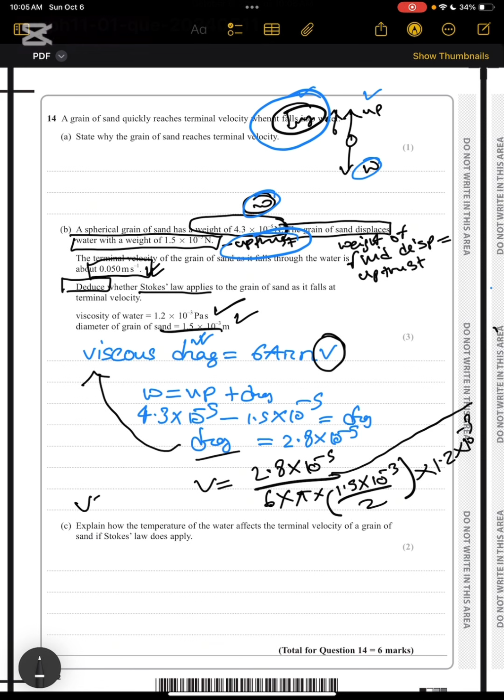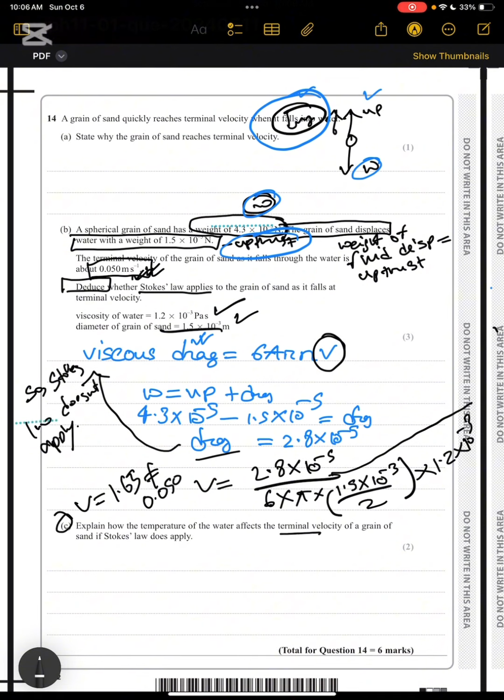The value of velocity is equal to 1.65, which is not equal to 0.050. So we can conclude Stokes law doesn't apply.